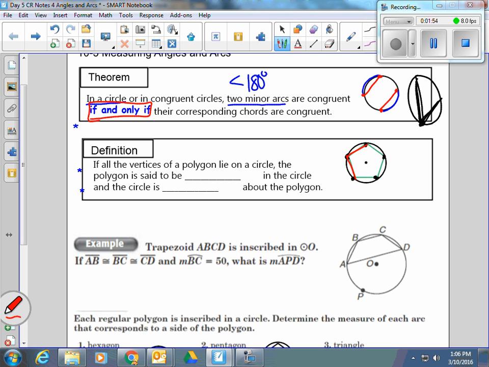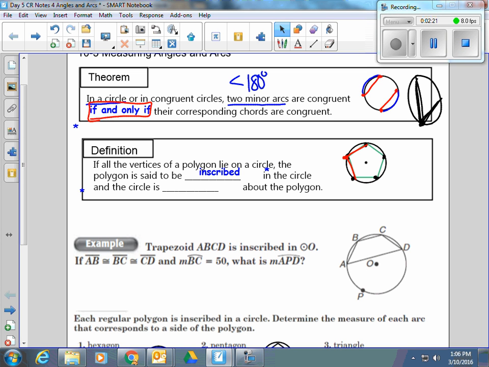Where's the vertex? It's on the edge of the circle, so this is an inscribed angle. Well, when I put an entire shape in there, we say that that whole polygon is inscribed in the circle. So in order for it to be an inscribed polygon, all of the vertices must touch the edge of that circle.